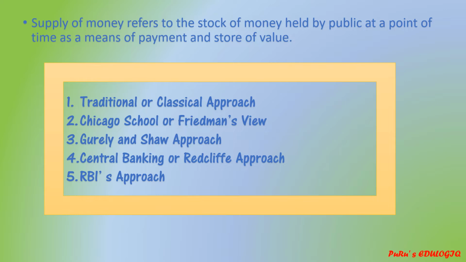Hence, according to them, money supply is CC plus DD plus TD, that is currency and coins plus demand deposits plus term deposits. Gurley and Shaw move a step ahead and say that importance should be given to the non-banking financial sectors. Hence, they include the liabilities of non-banking financial institutions in money supply.